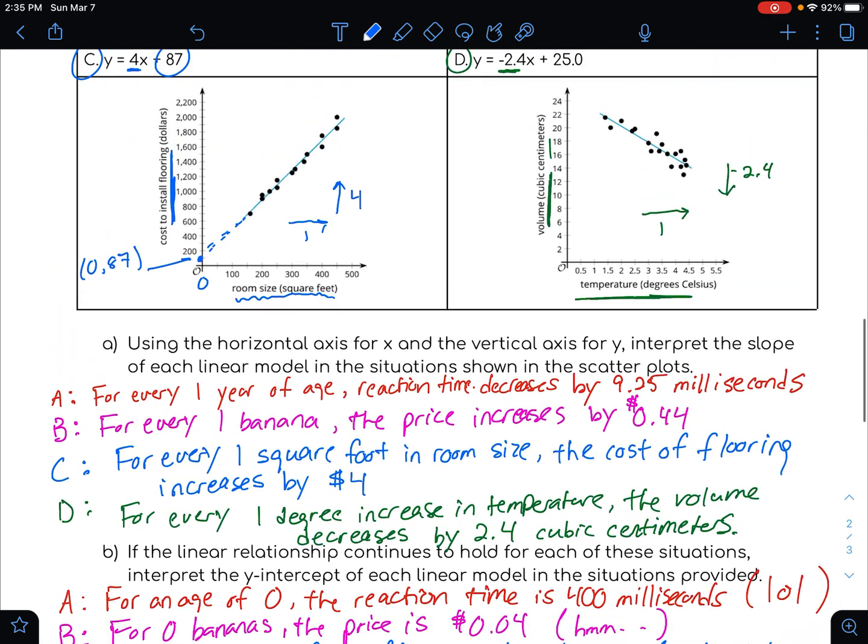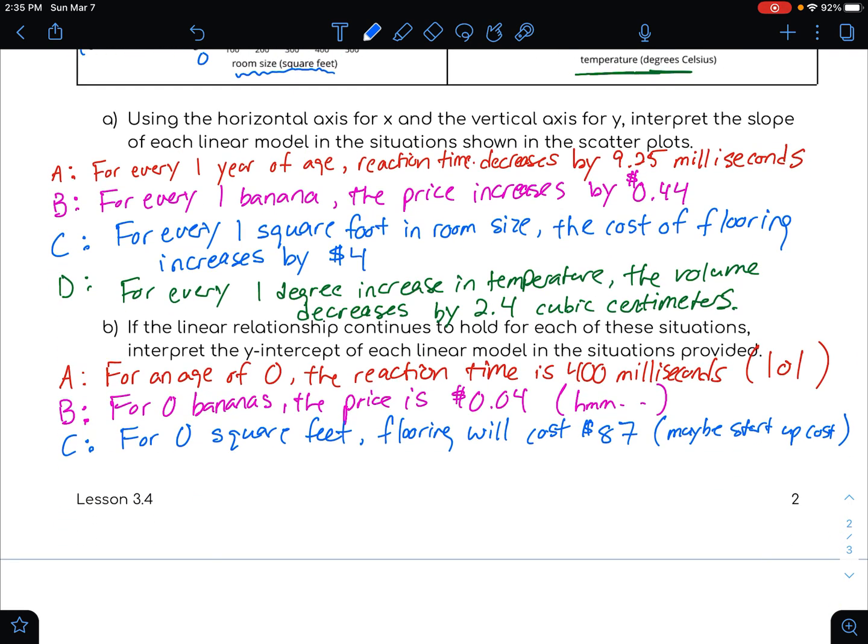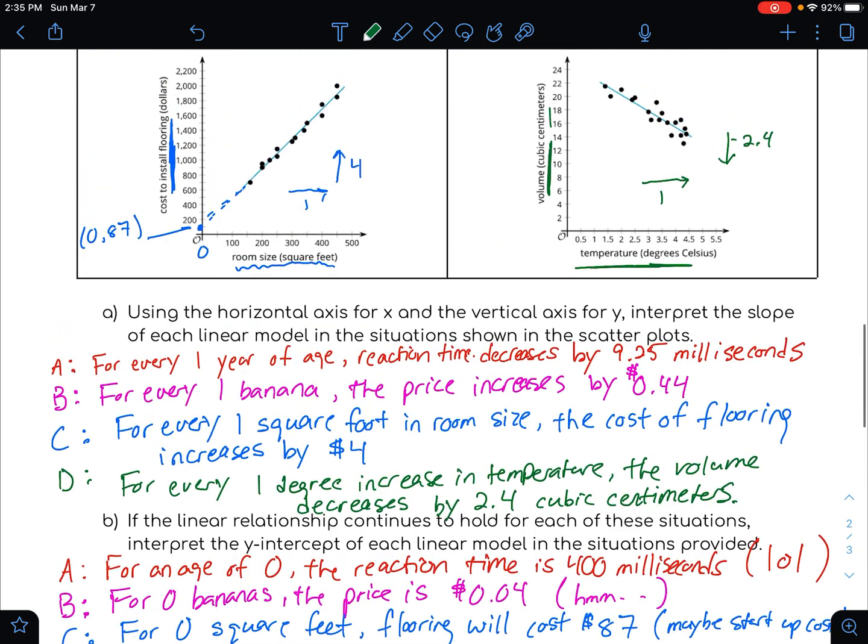But sometimes when someone comes in to install it, they are going to charge you an amount just to come out to your house or to where you live, and then they'll charge you a certain amount of money to actually do the installing. So it could mean that. There may be an interpretation there that makes sense.